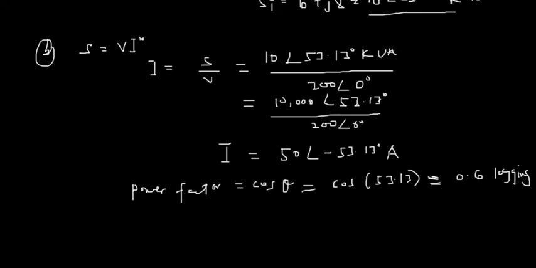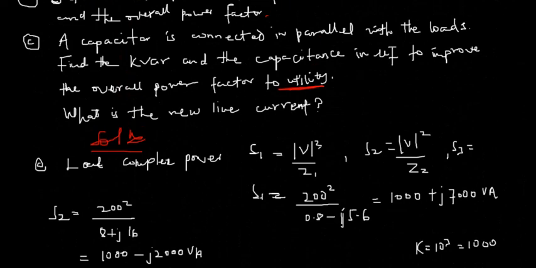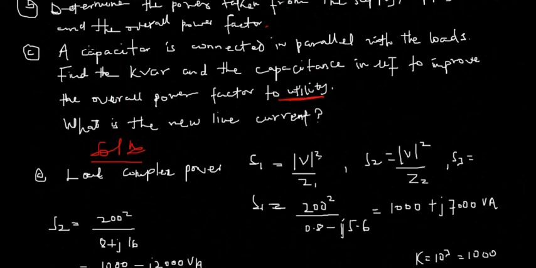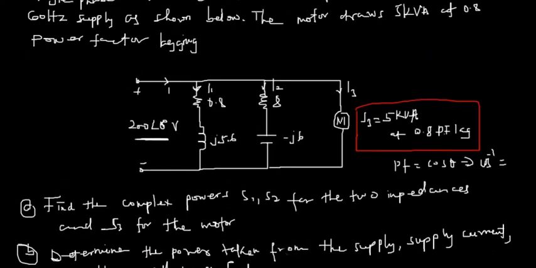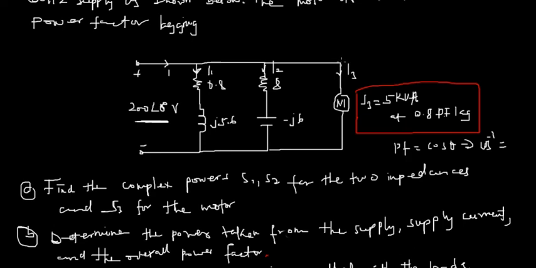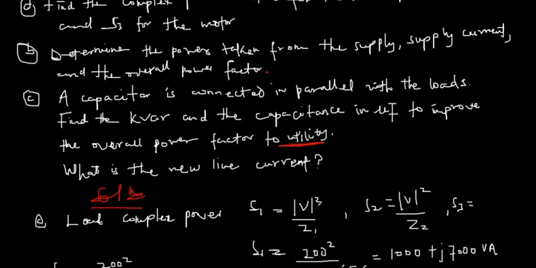Let's proceed to the last and final question, okay. So we have to calculate what? Okay, so we have what? A capacitor connected in parallel with the loads, okay. So now from here you also have another capacitor, okay, being connected. So you could notice that we have a capacitor over here, but the question states that we have what?